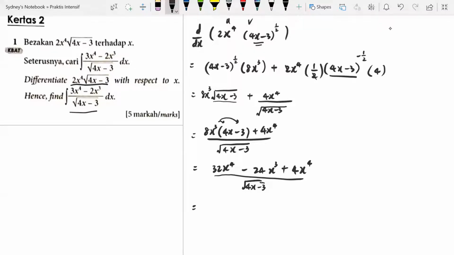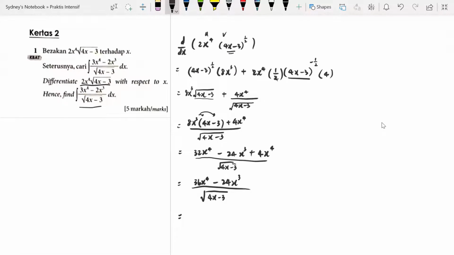Let's simplify further. 32x to the power of 4 plus 4, we have 36x to the power of 4 minus 24x to the power of 3 over the square root of 4x minus 3. Now, is it possible for us to factorize this one? Yeah, let's factorize this.